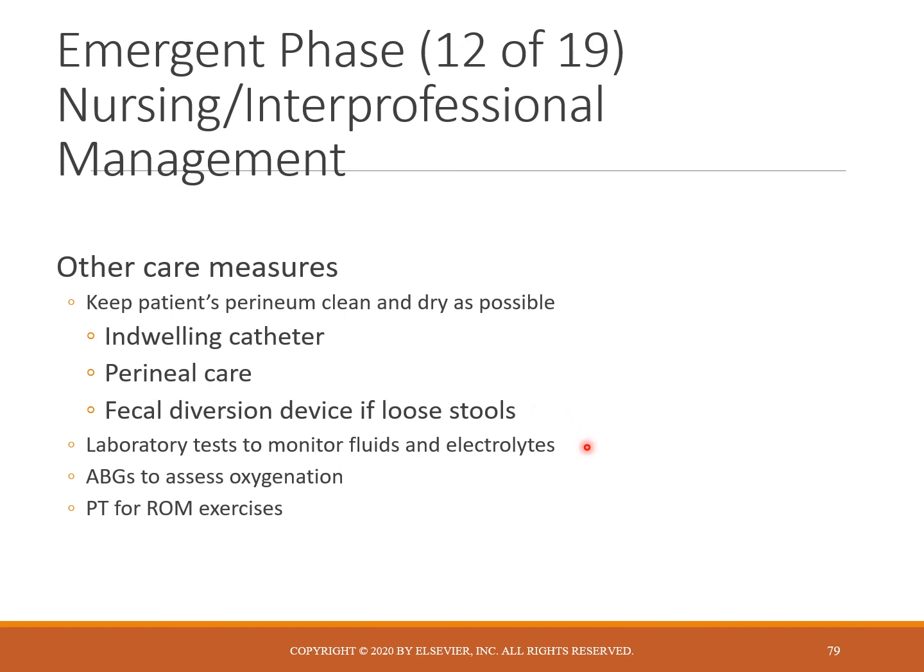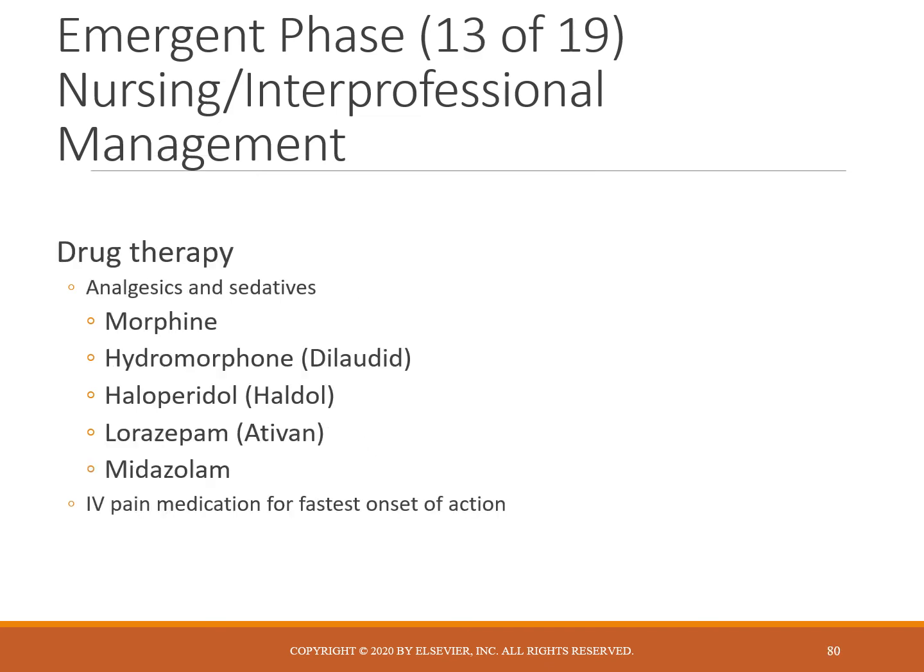And never ever forget that as you do this management, you want to make sure you monitor your patient, you perform head-to-toe assessment, you check their blood, monitor their electrolyte levels, check vital signs, assess their oxygenation. If you can, also perform ROM, or range of motion, so that we prevent development of clots.